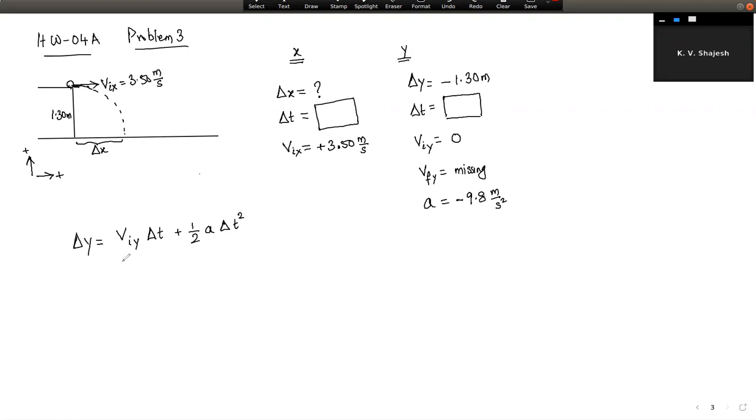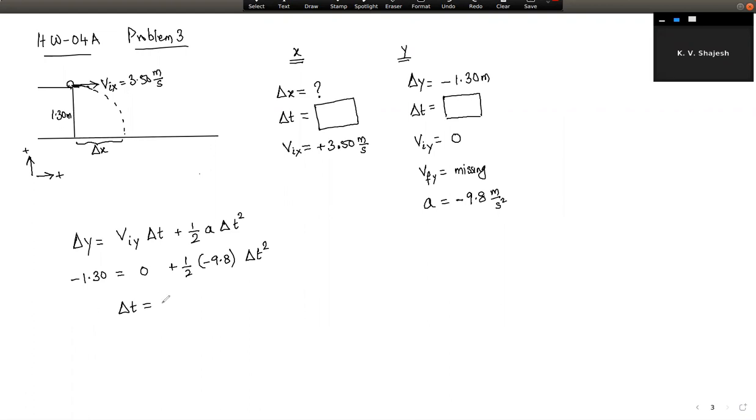Just plug in whatever we know. So that's minus 1.30, dropping the units. The initial v y is 0, so there's no point in multiplying delta t there. Plus half, acceleration is minus 9.8, times delta t squared. The negative signs on both sides cancel.